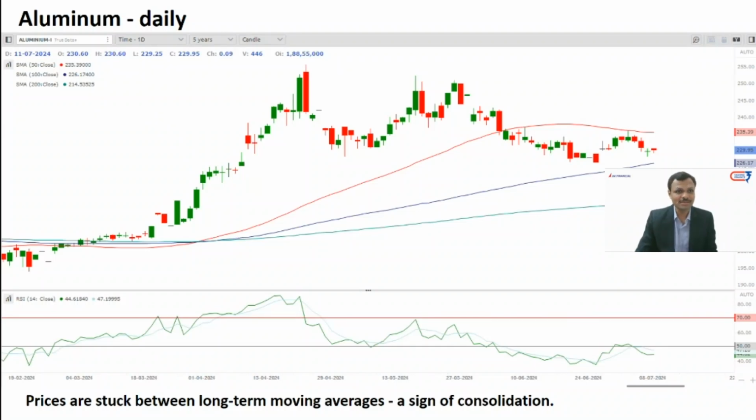Going into the coming weeks, we may see prices getting stuck between 230, 225 on the downside to 235, 236 on the higher side. If it is able to break below its 100-day moving average, then prices could come further down close to its next moving average, that is the 200-day moving average, around 214, 215 levels.